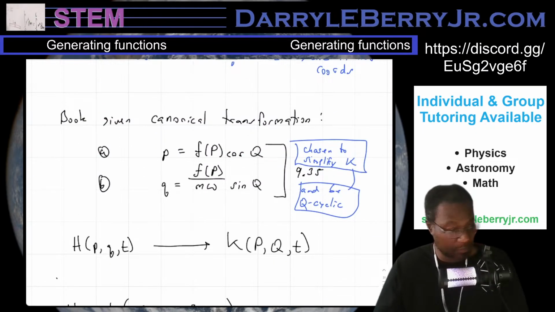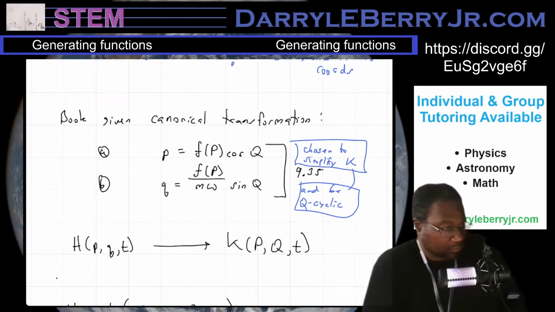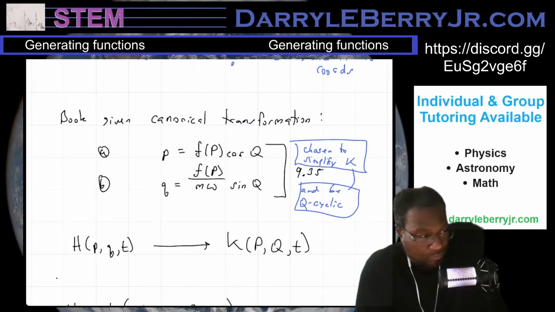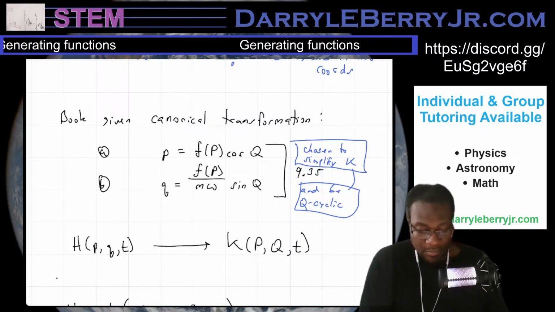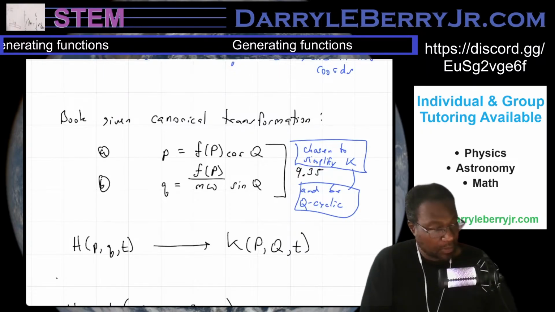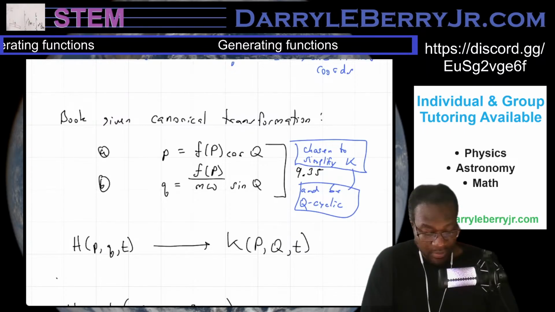I have p saying p is df of dq of little q.